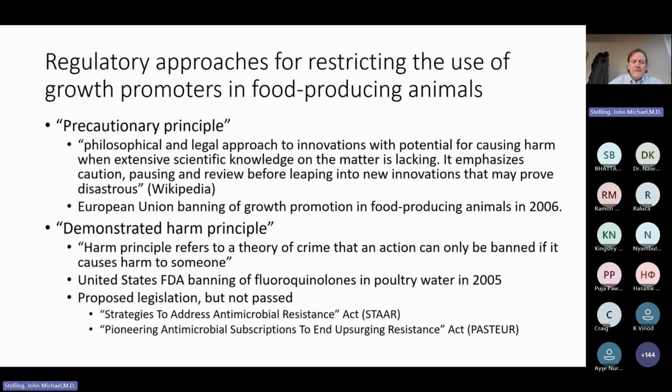The United States, we faced a number of similar issues, but we approached this from the principle of demonstrated harm. So we do not ban growth promotion here in the United States. We have not done that. Approximately 1995, enrofloxacin, a fluoroquinolone, was approved for use in chickens in the United States as a growth promotion.